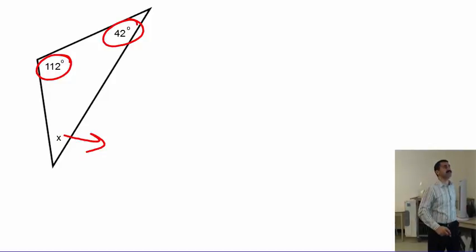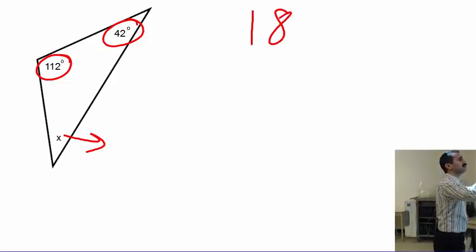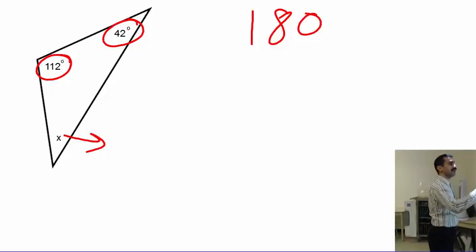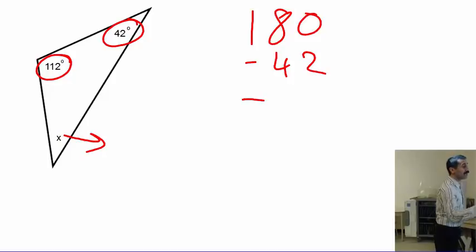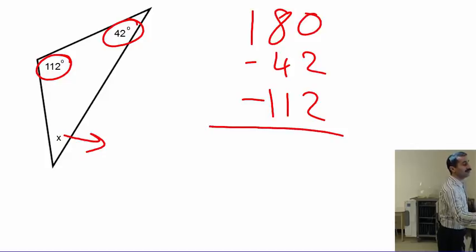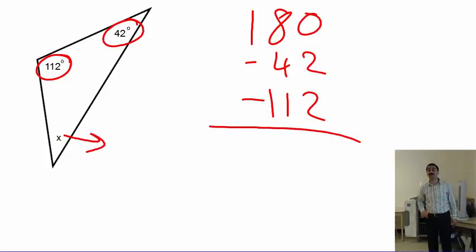How do you get that? It's simple. Everything's supposed to be 180 degree. If from everything you take away what you know, 42, you take away what you know, 112, you will figure out what the third angle is.